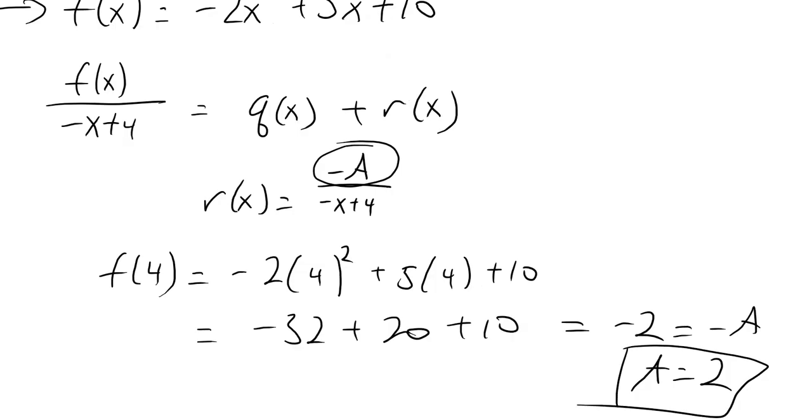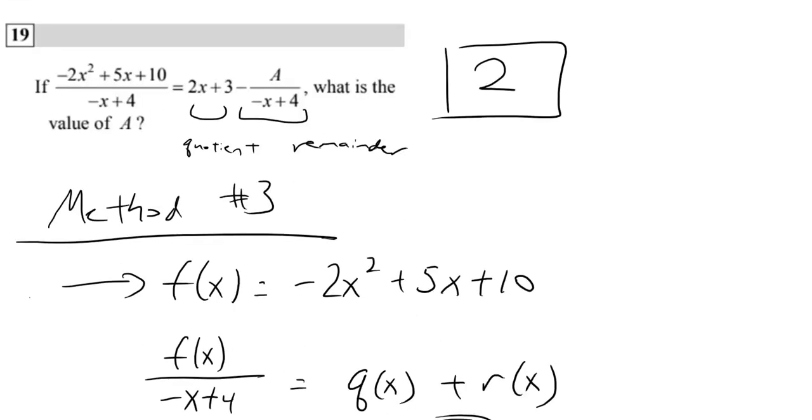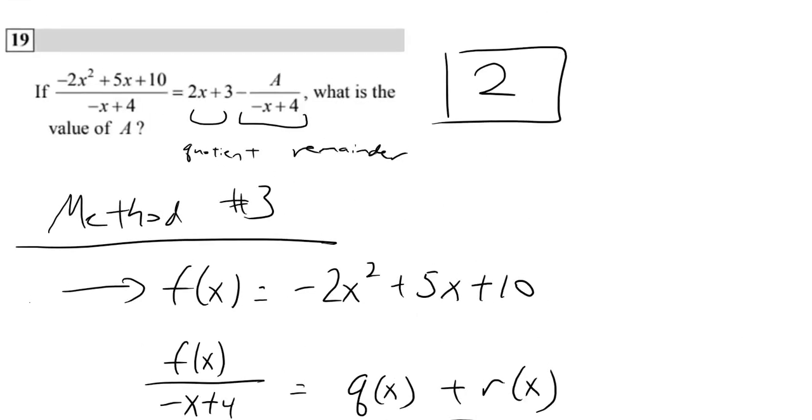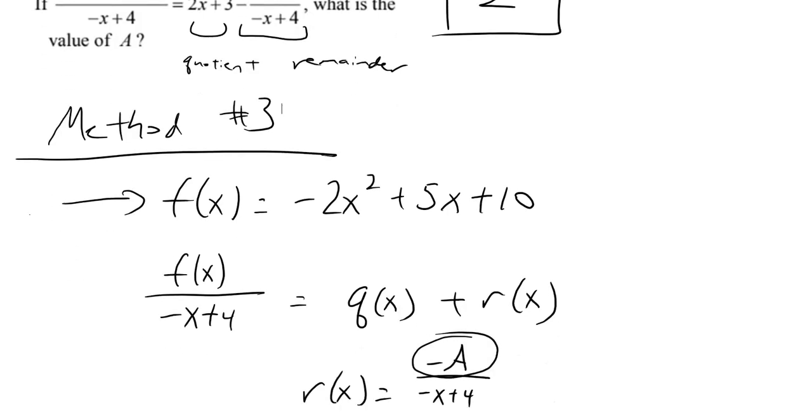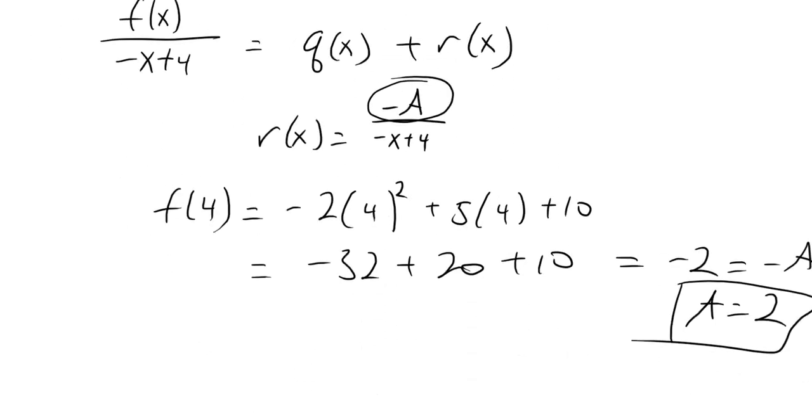You kind of need to know this for method 1 as well, though not so much method 2: you need to know that this right-hand side is a quotient and a remainder. This is doing a long division. So you could either do the long division yourself in method 1, or in method 3 recognize that you just need the remainder.